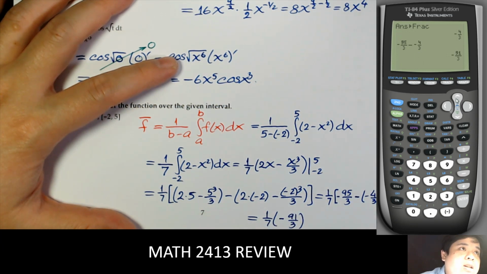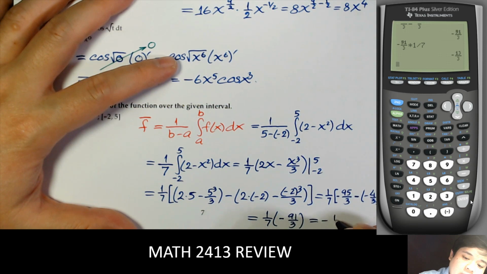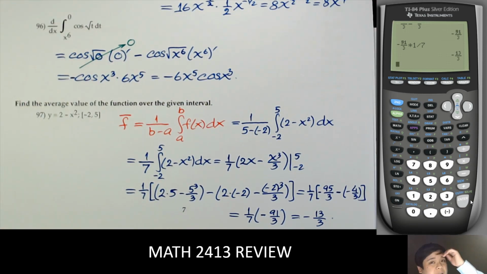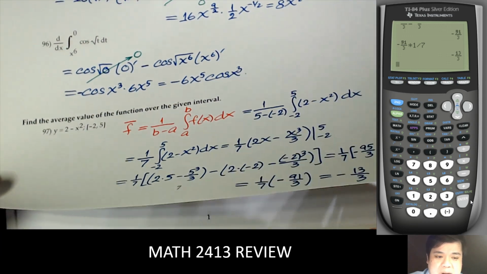And we have that times 1 over 7. And we have negative 13 over 3. Right. So of course we can do all this by hand, but I'm running out of space.